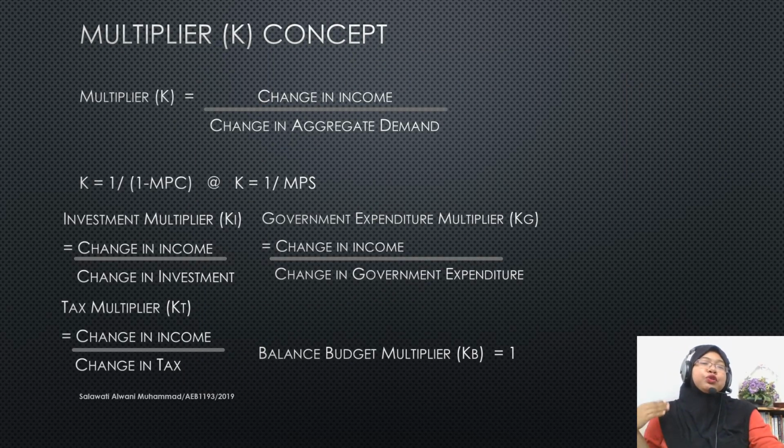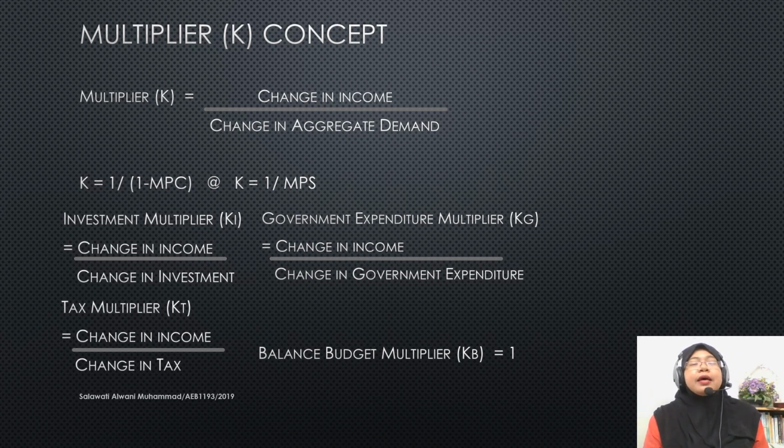Now we go to the multiplier concept. The basic calculation is K equal to change in income divided by change in aggregate demand. So K equals 1 divided by 1 minus MPC, or K equals 1 divided by MPS.